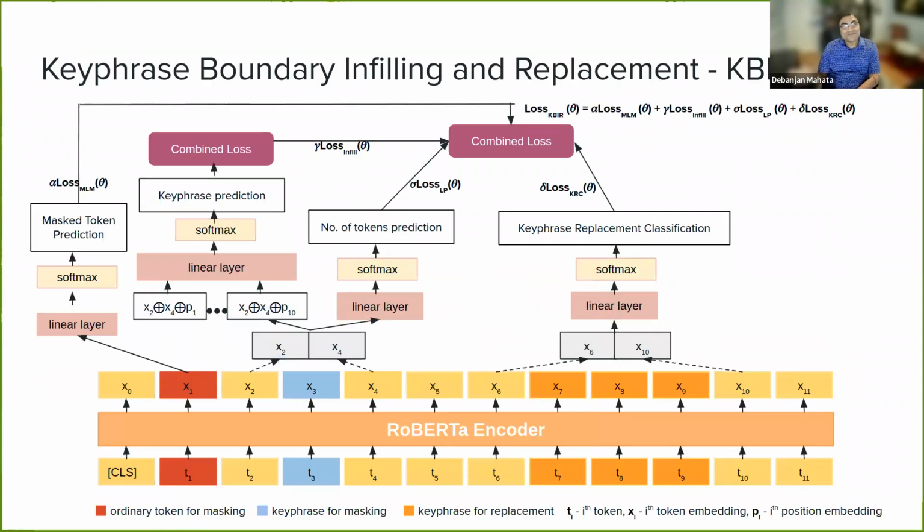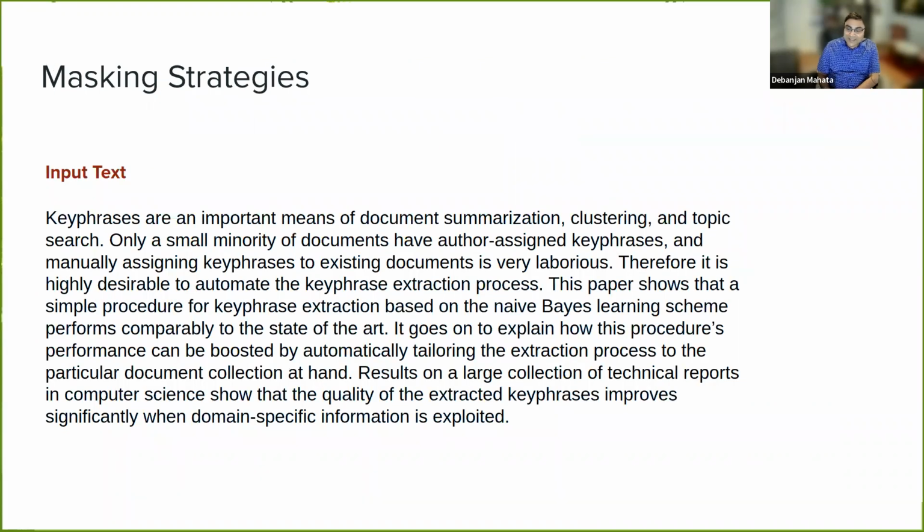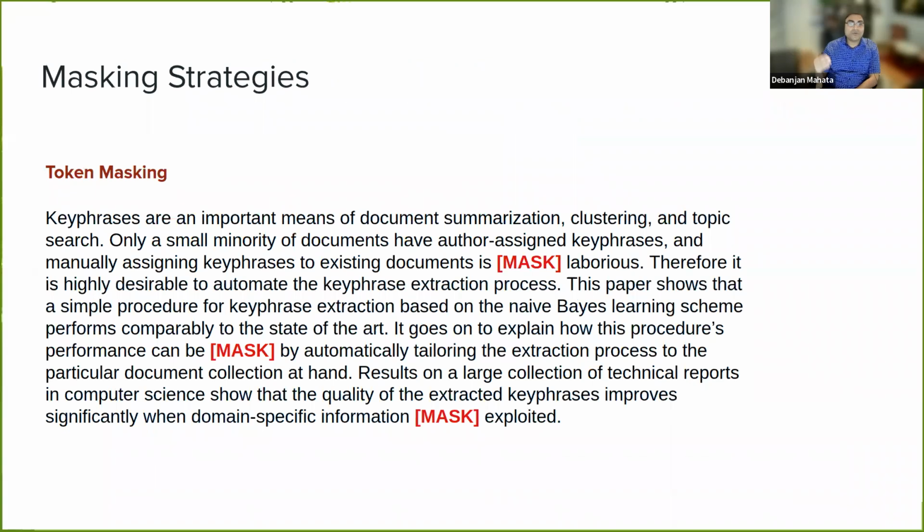This is what we came up with, and it's a pretty complex diagram, so let's go through it one by one. Most modern language models apply masking strategies to learn a rich language model representation. This is the popular paradigm of masked language modeling: you have input text, you apply token masking, and you ask the model to predict these masked tokens.